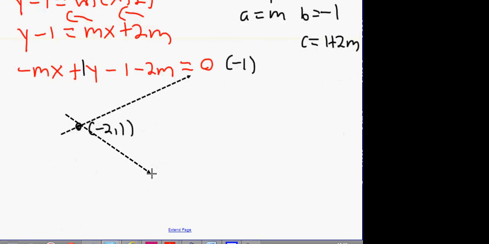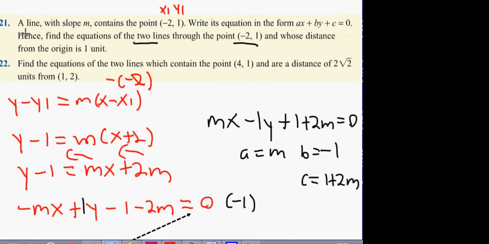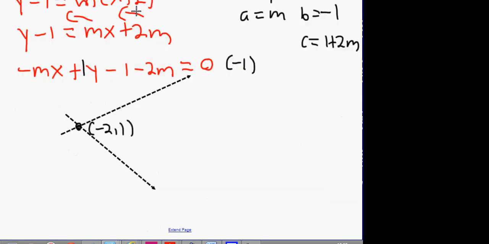And then there's the origin that we're talking about. It's 1 unit. So we draw the origin, let's say here. It's (0, 0). And the perpendicular distance of both these lines from the origin is 1 unit. So that's our diagram. That's what we're talking about. I need to find the equation of these two lines.